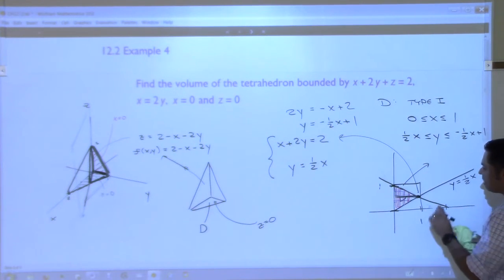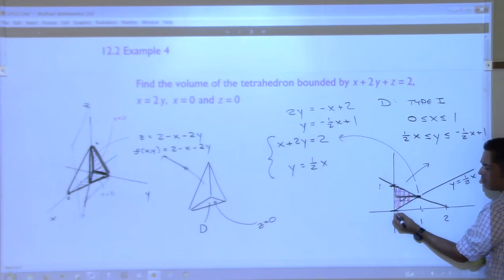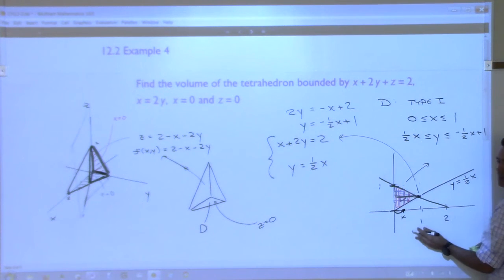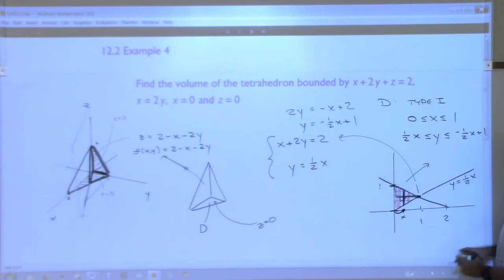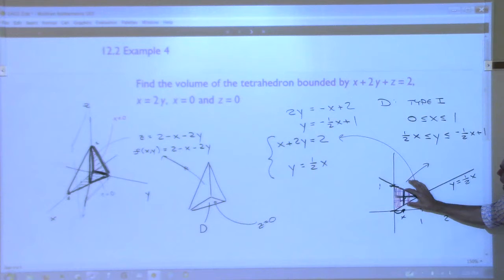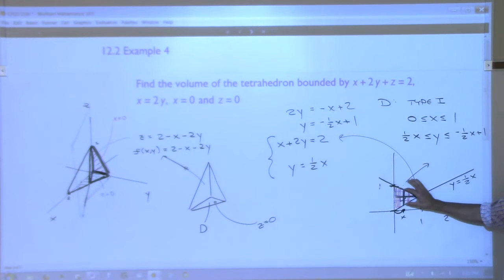But what's really happening here is that we're just letting x move along. So we're saying, okay, let's let x be right here. Now, if x is right there at exactly the value x, then my y coordinates are between there and there, aren't they? So my y's would then have to be between 1/2 of that value and negative 1/2 x plus 1 of that value. So it's bounded between those two curves. So it's like you fix an x, that dictates what y is. Got it? Yeah. Okay.